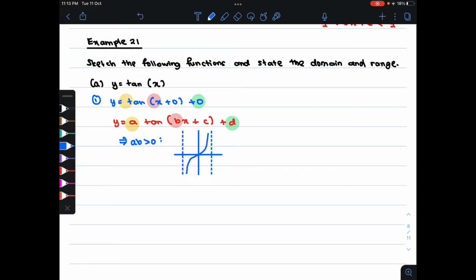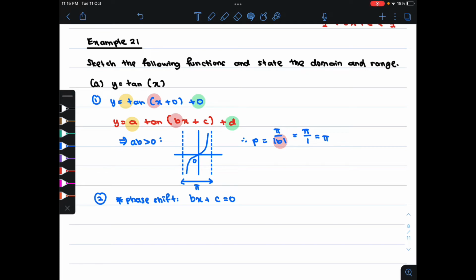This will be your origin, and this dotted line here will be the vertical asymptotes. We also need to find the period, which is pi over modulus b, and we know that b is 1. Therefore, modulus b is also 1. Hence, the period is just pi, that means this here will be pi.